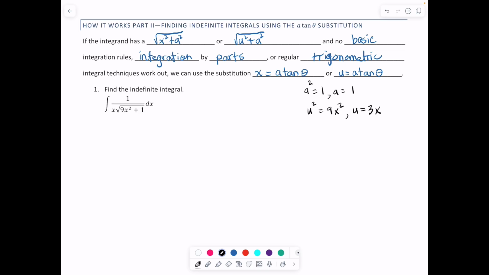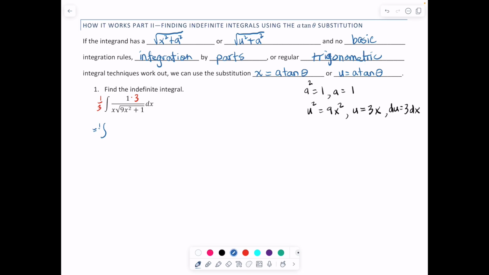Cool so far? Now, du will be equal to 3 dx. So we're making an initial change in our integral. We're going to need to balance out this integral because we need a 3 dx to get our du. So we'll multiply that integral by a third.